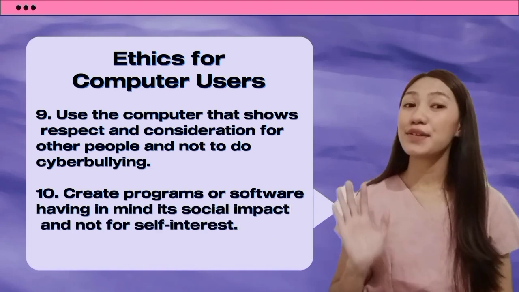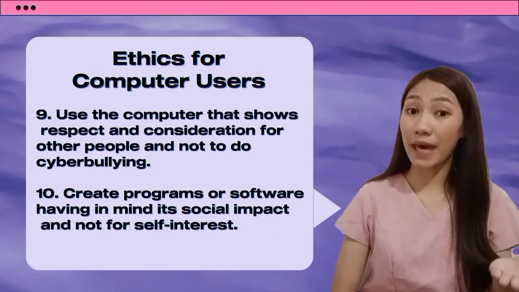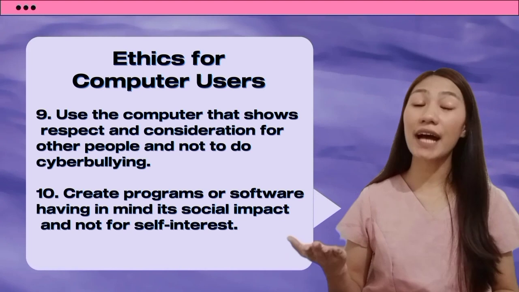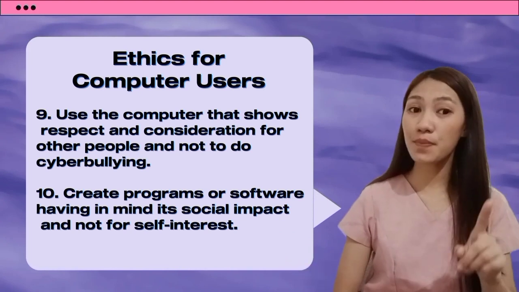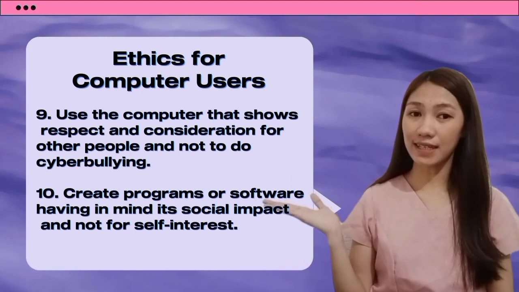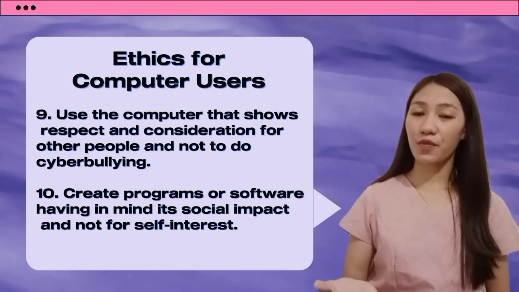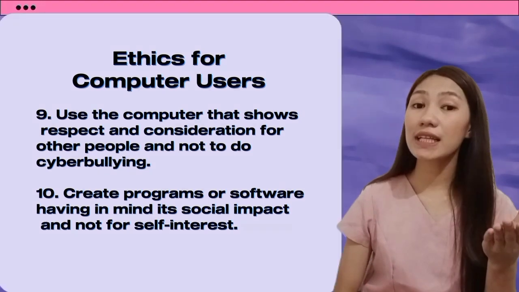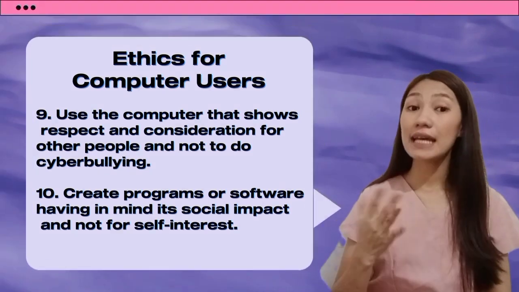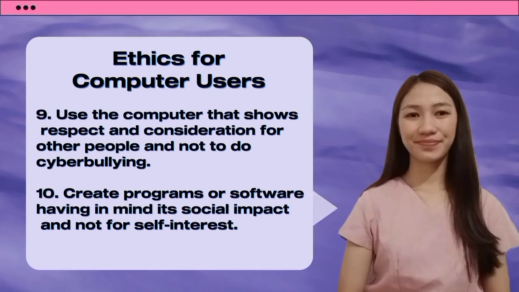Nine, use the computer that shows respect and consideration for other people and not to do cyberbullying. And lastly, create programs for software having in mind its social impact and not for self-interest.